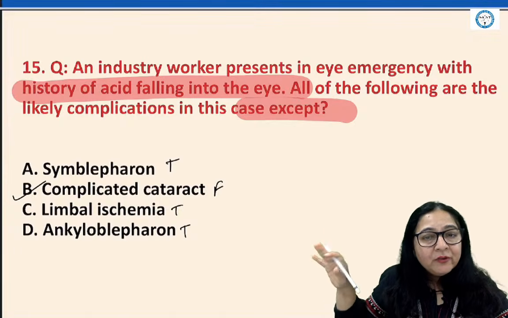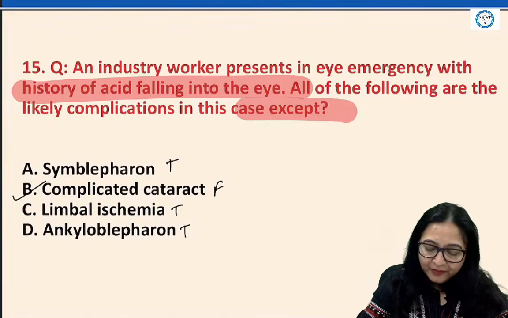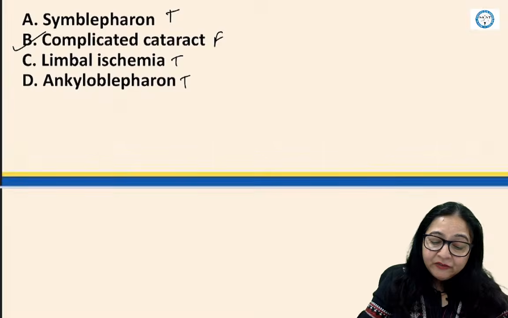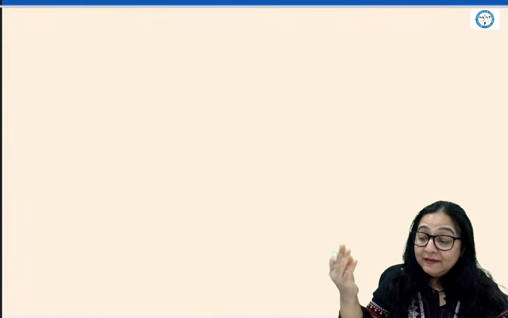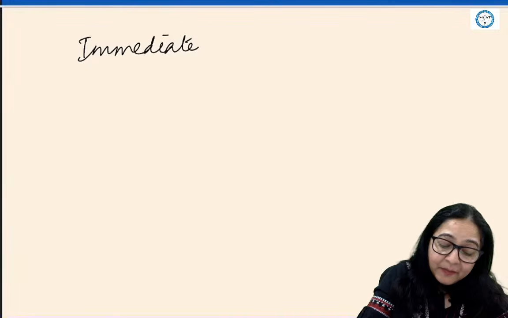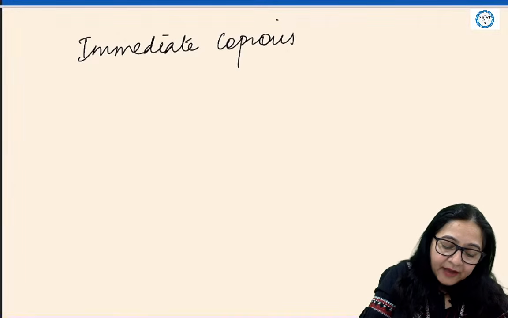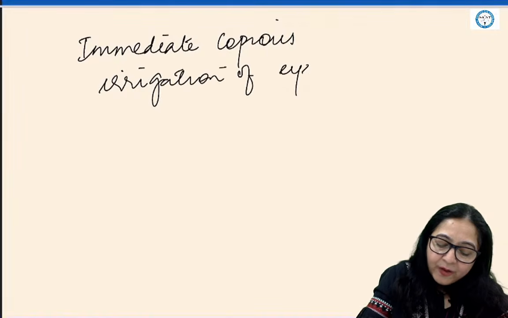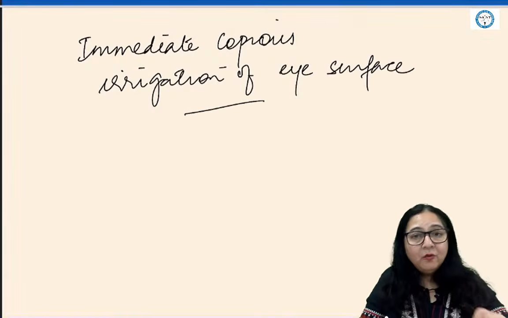This also gives you an idea what the complications related to chemical injury are and what the treatment is. Treatment is to prevent these complications as much as possible: immediate copious irrigation of the eye surface with fluid till the pH becomes neutral.